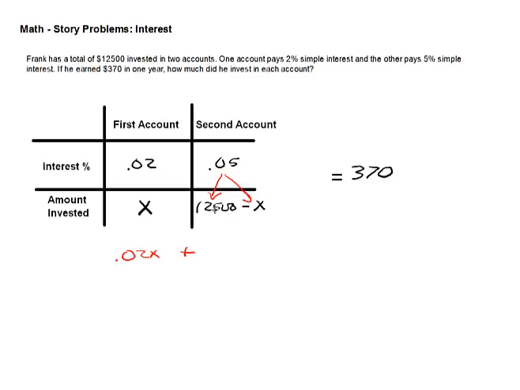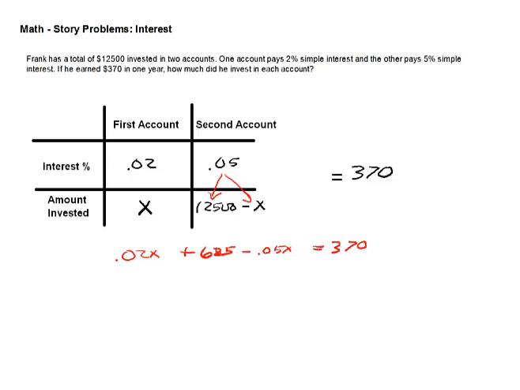So 0.05 times 12,500 is going to give us 625. And then that would be subtracted by 0.05x, because 0.05 times x will give us 0.05x. And that's going to equal our total interest earned, which is $370.